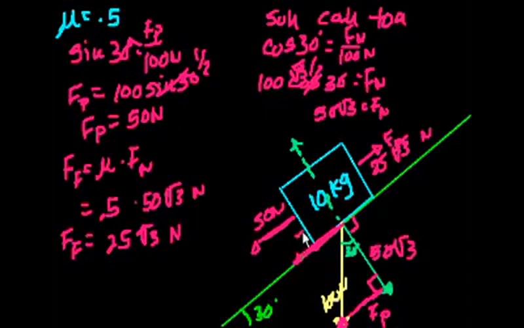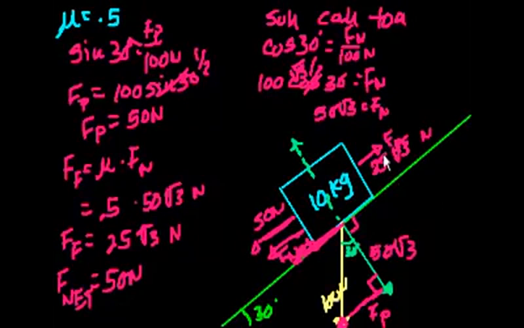Well, let's call this the force net. The force net is going to be equal to the force of gravity parallel to the plane, which we figured out as 50 newtons, minus the force of friction, minus 25 square roots of 3 newtons.